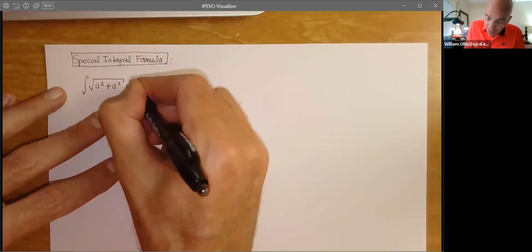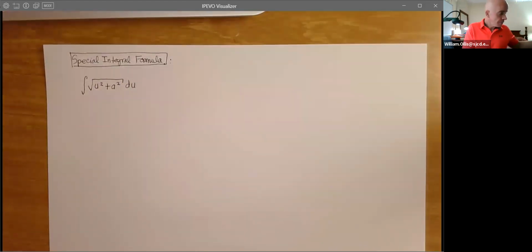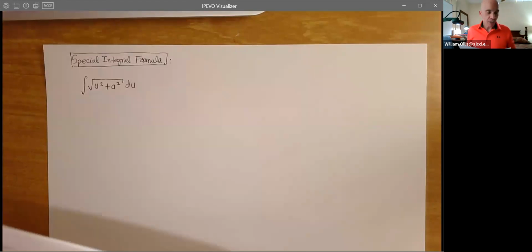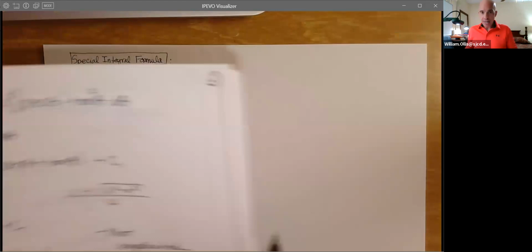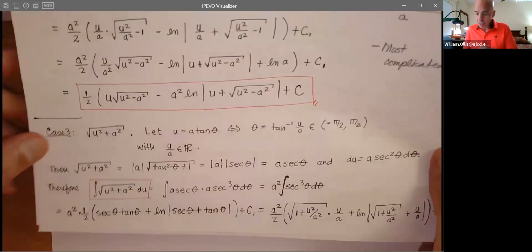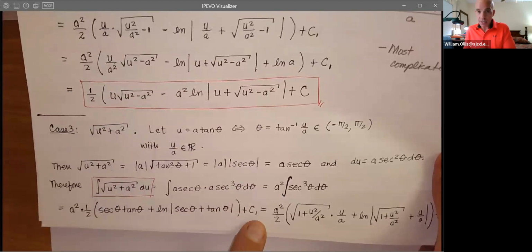So if you looked at this particular problem here, this could actually be derived, and I'll share this with you. This can actually be derived using the tangent substitution, like I've done here.